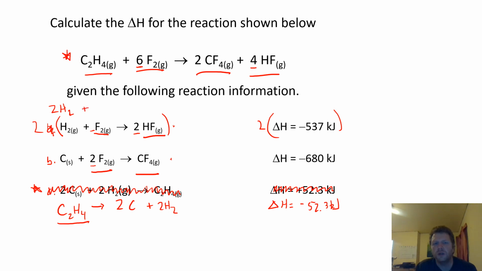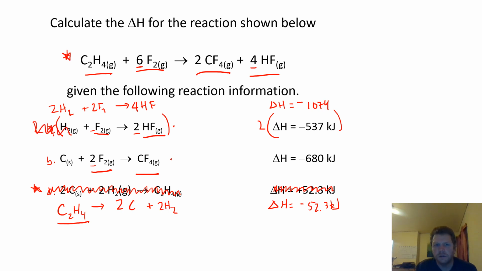So that's 2H2 plus 2F2 yields 4HF. Now, what does that mean for my delta H? My delta H is now going to be negative 1074.